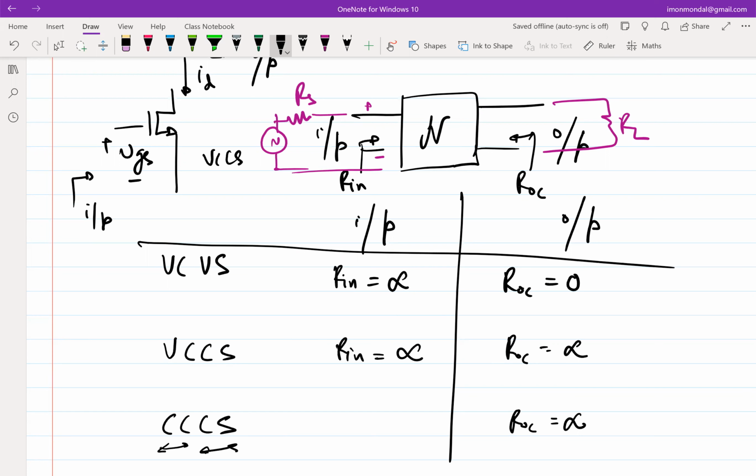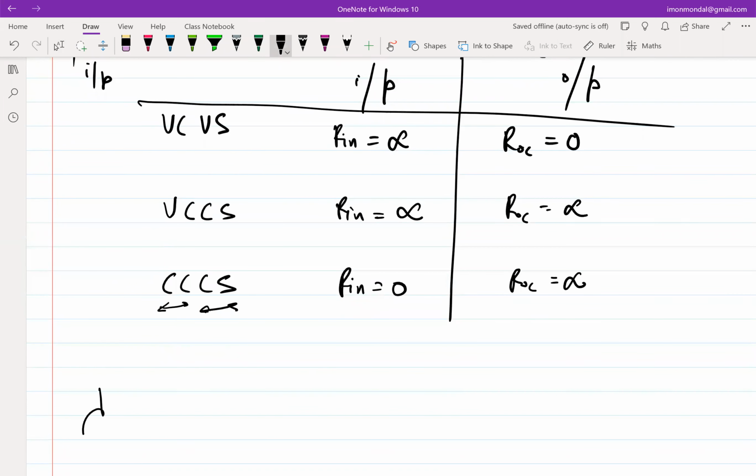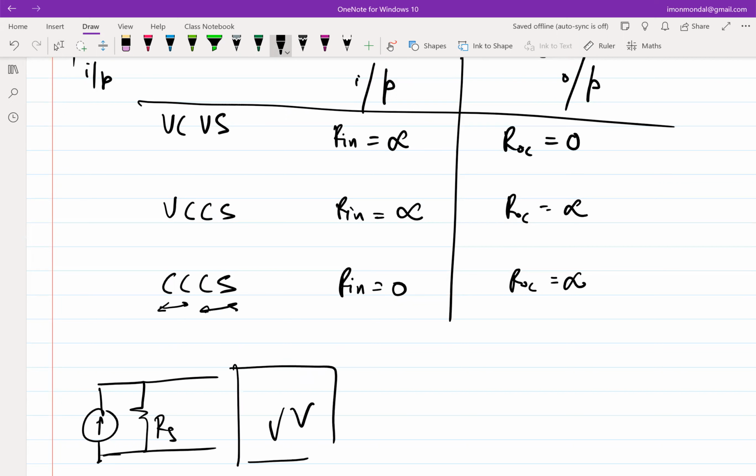For example, if I have a current source which has an RS and it's connected to this network N, and I want all of this current to flow in, then this Rin should be 0, right?